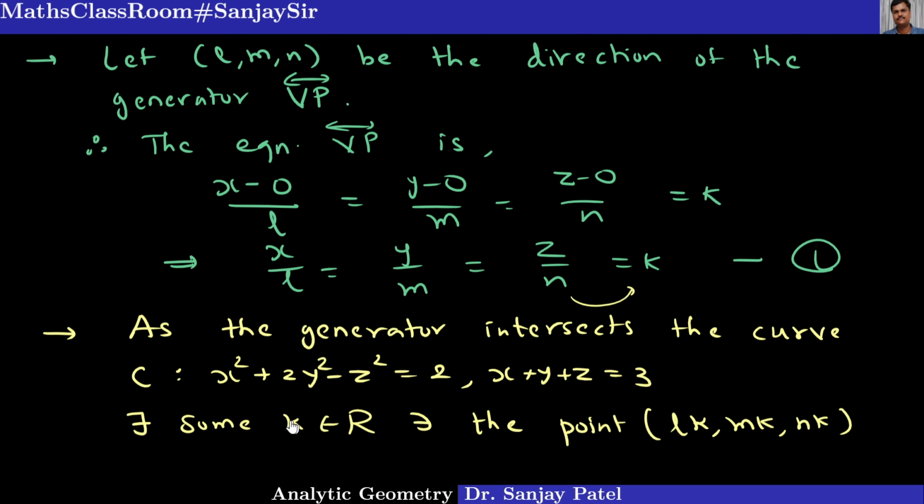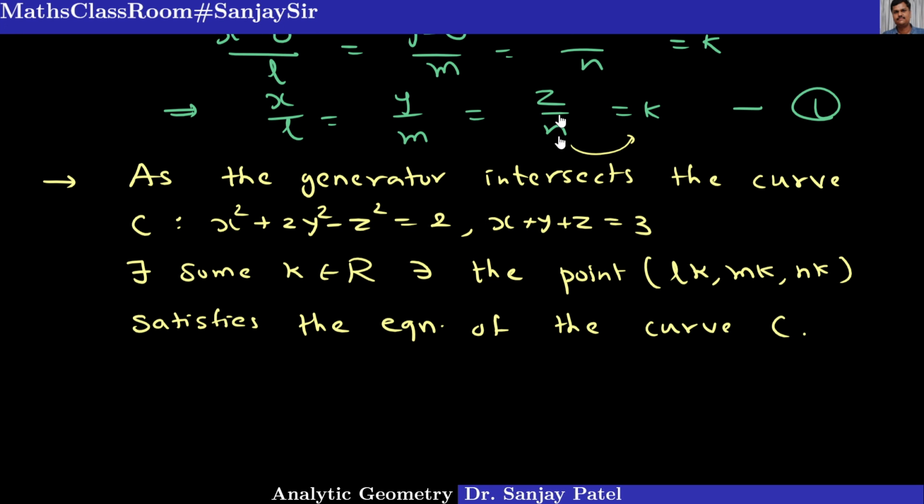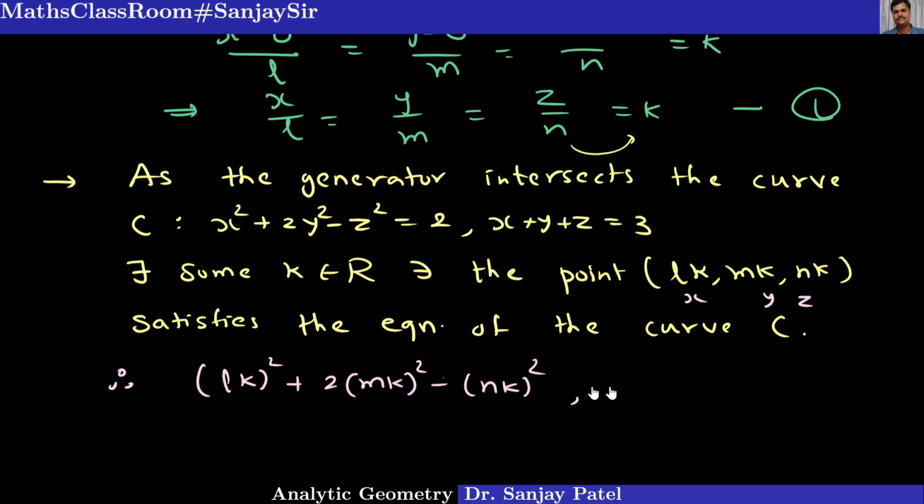So there exists some k belongs to R such that the point given by (Lk, Mk, Nk) satisfies the equation of the curve C. So putting this x, y and z in this equation, we get (Lk) square plus 2 times (Mk) square minus (Nk) square is equal to 2.